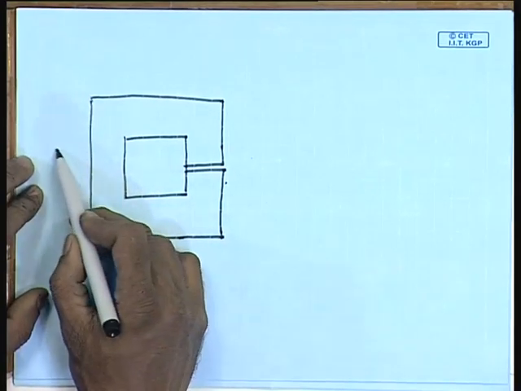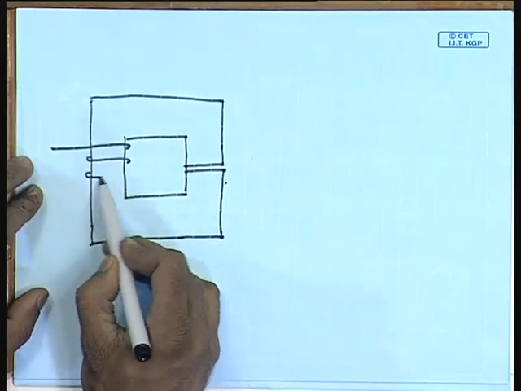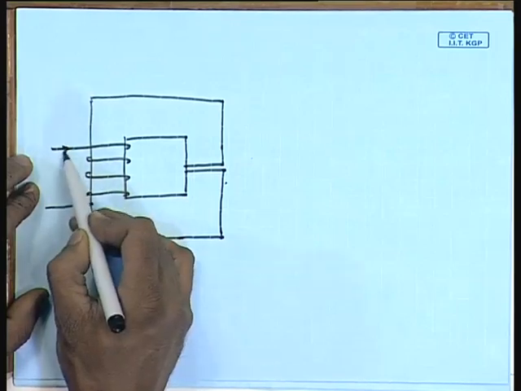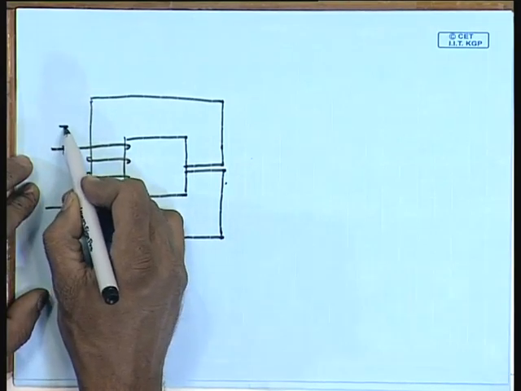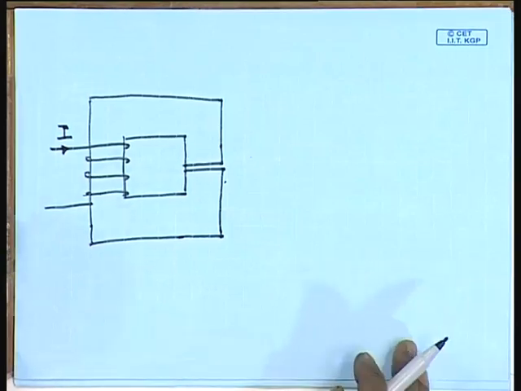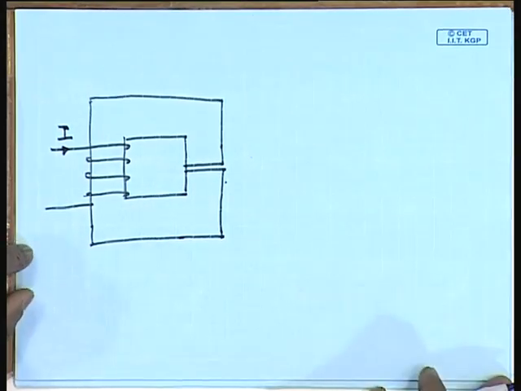So, given a number of turns and the current flowing through it, how are we going to find out the total flux circulated in this case, where the magnetic circuit has two different types of material with two different relative permeabilities?